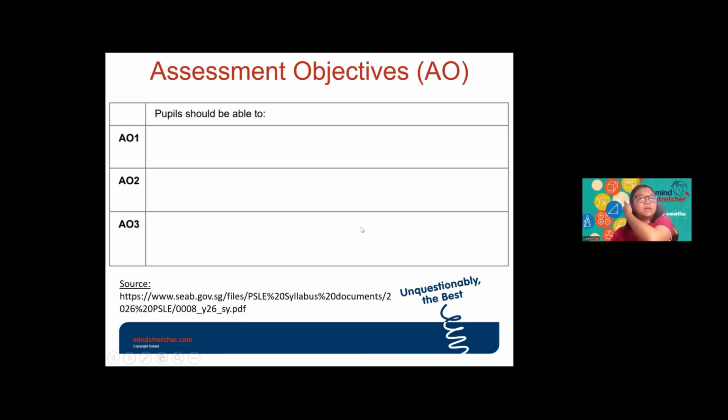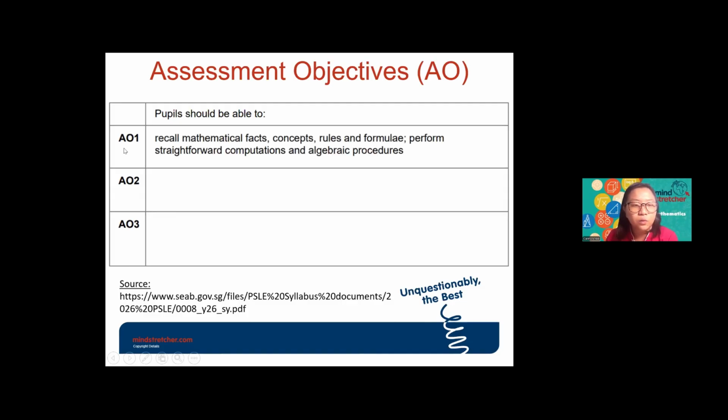Okay, here. There are 3 assessment objectives that we are having. Number 1 is the AO1. So AO1 questions usually test you on the basic mathematical facts, the basic mathematical concepts, some basic rules. It could be just the area of a circle or area of a triangle. Or to perform very straightforward computation, like those that you learn in primary 5, order of operations, right?